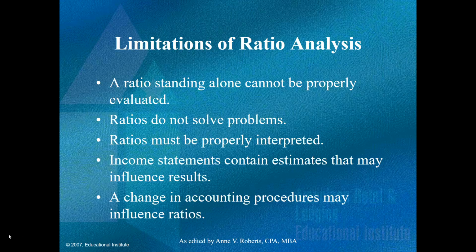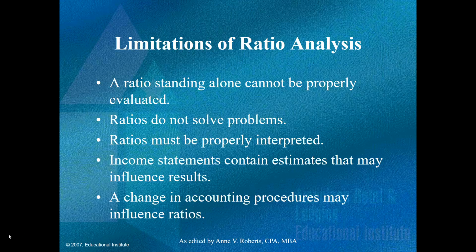So there are some estimates involved here. So if we choose a depreciation method where we take a whole lot of depreciation in the very early years and then it really fades off pretty quickly, that's going to have a pretty significant impact on our ratios versus another company that chooses a straight line depreciation method, which we did last semester, okay?